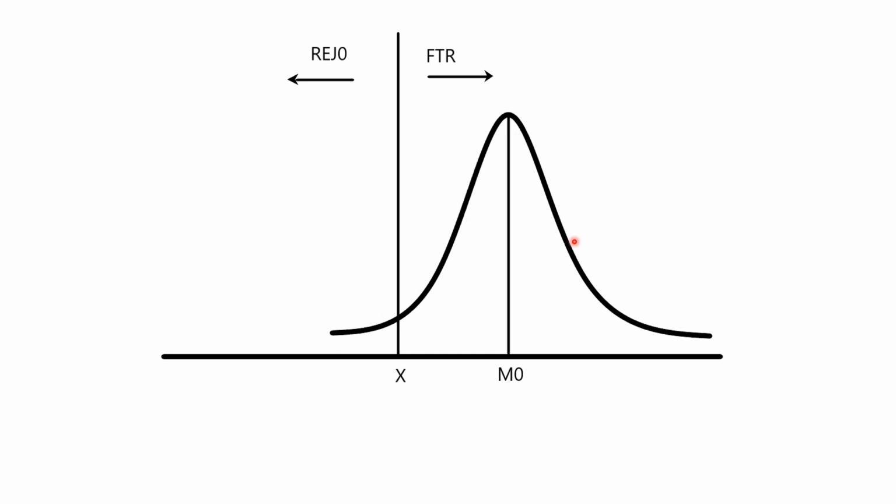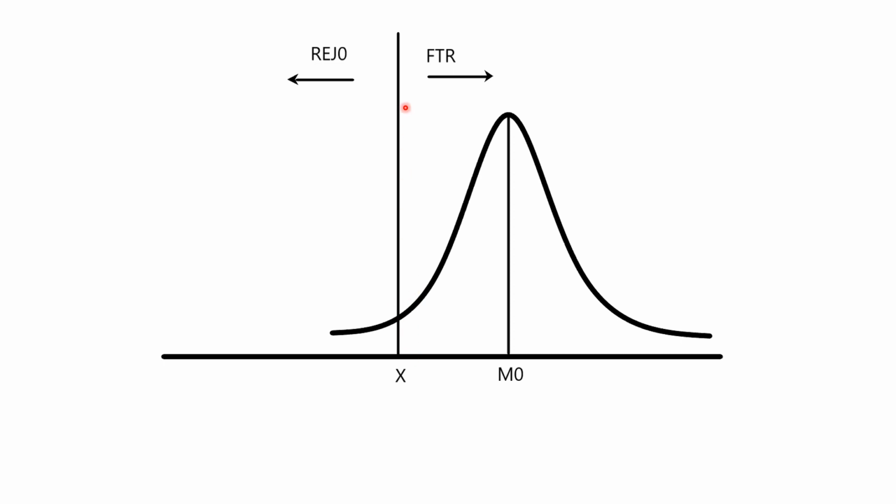This is basically what we've always been looking at. We have the familiar bell curve. We have our mu. We have our X bar. And anything below this would be our rejection region.